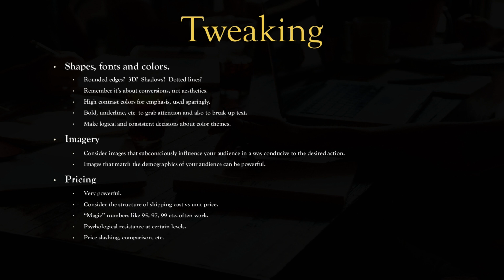Usually it's going to be something like red, bright red. And be very selective about where and when you use it. It might be on the word "now" in the call to action, or it might be on an important feature or benefit. And the same goes for fonts and styling. So italicizing text in certain areas might have a beneficial impact.